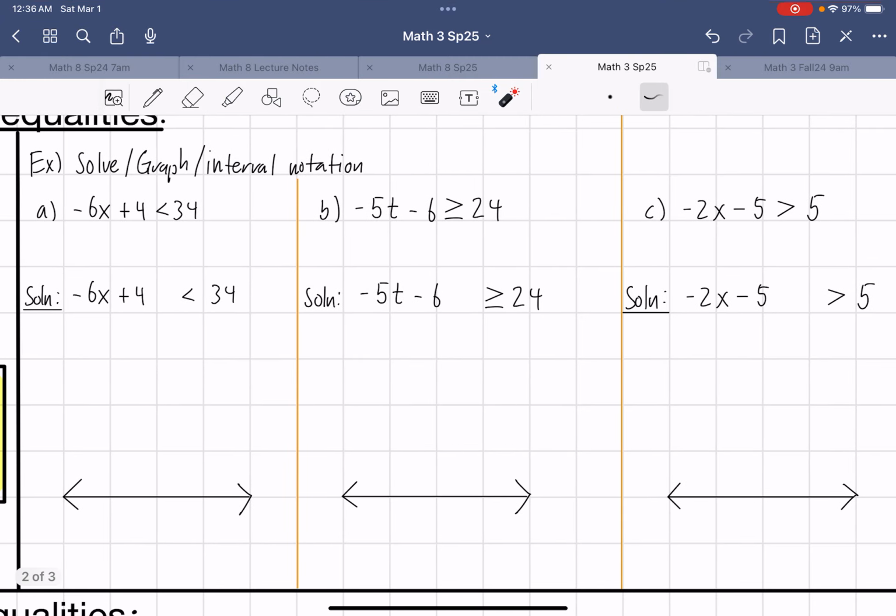So to start, these linear inequalities are just in one variable, which makes them really nice because you just have to isolate one of them. Now, a rule of thumb I follow is start with your terms and then go into your factors. It's almost like doing order of operations backwards.